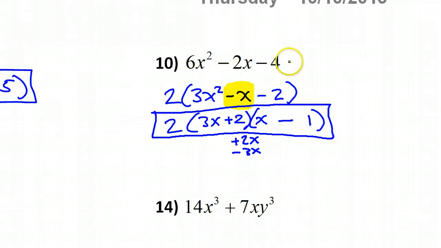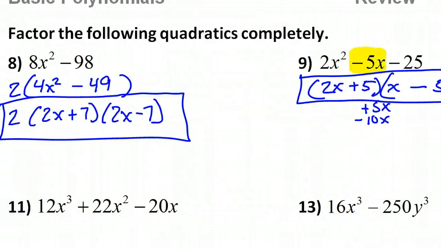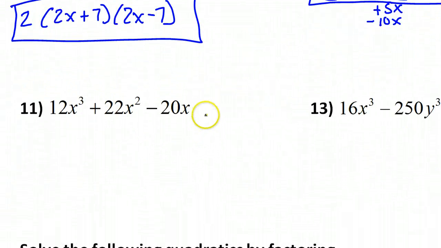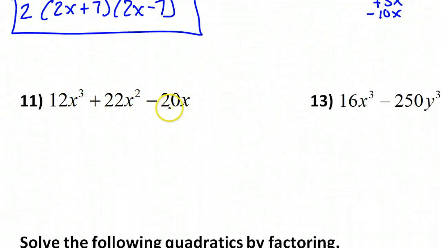Okay, number 11. Look for common factor. The common factor, well, they're all divisible by 2. So I would bring out the 2. Oh, and they all have an x.